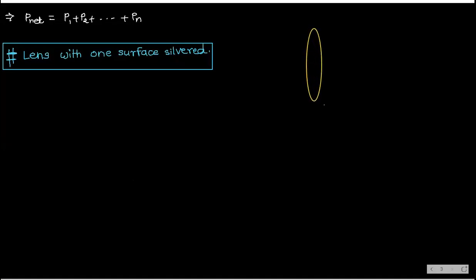Now see here, this is a lens I'm drawing here. And this is the principal axis. And now this one is the incident ray.